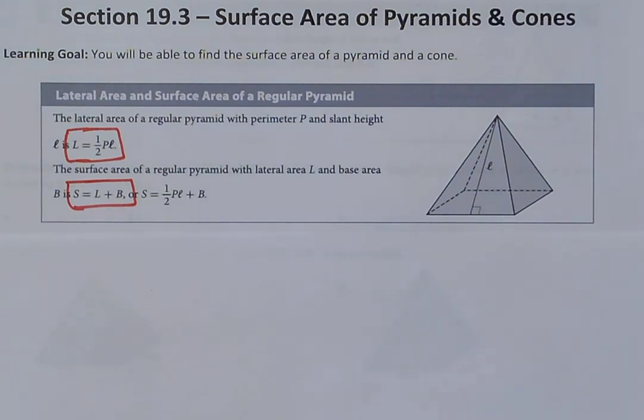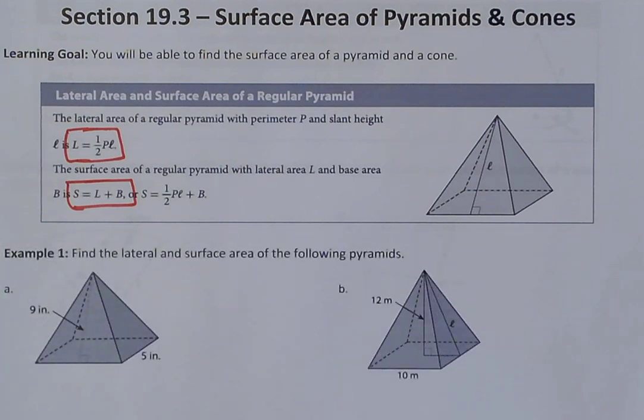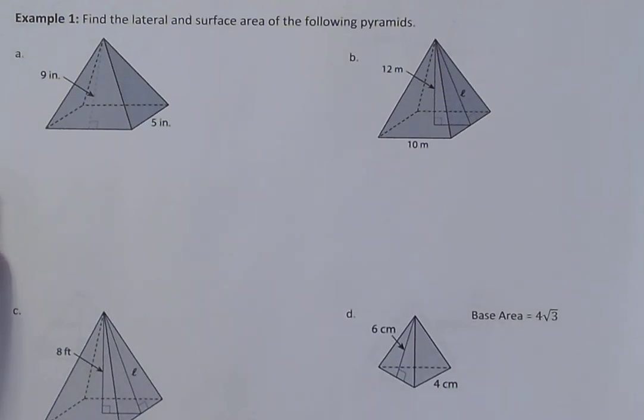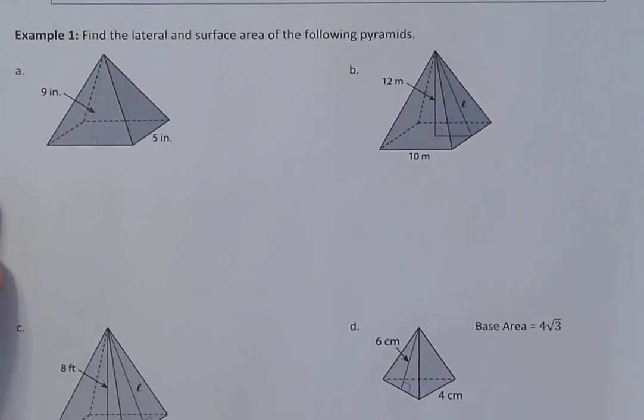All right, so with that said, let's go ahead and jump into example 1 today, where we're going to go through and figure out the lateral and surface area of some pyramids. Example 1 is going to have us do just that, find the lateral and surface area of the following pyramids. And I'm going to slide this back down for a second.